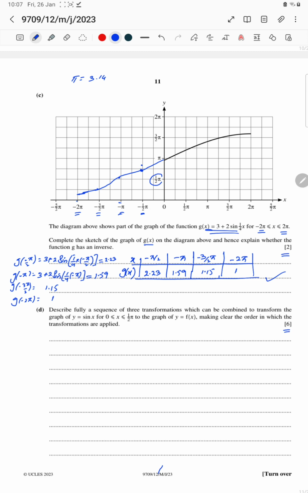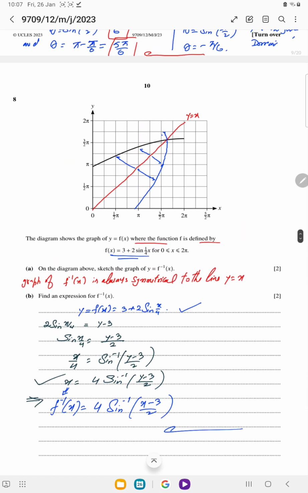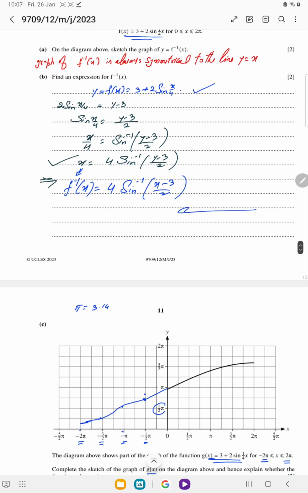It's based on transformation. Describe fully a sequence of 3 transformations by which the graph of y equals sine x from 0 to pi by 2 can be transformed to the graph of f of x, making clear the order in which the transformations are applied. Going back to the question, we are given f of x equal to 3 plus 2 sine 1 by 4x.